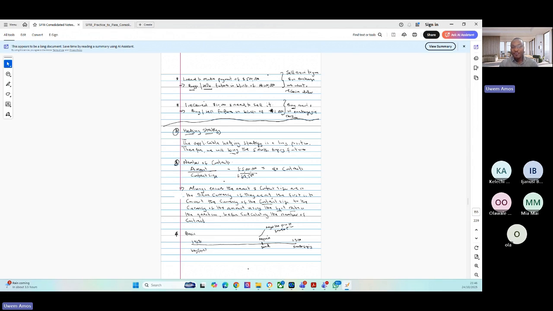The second thing you do after that is to determine your hedging strategy. Now, there are only 2 hedging strategies when it comes to futures.